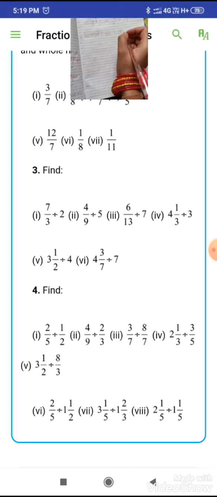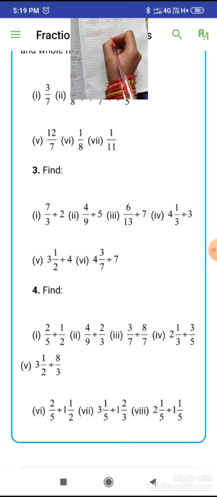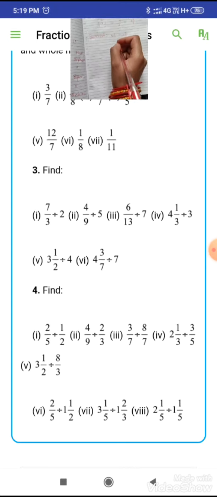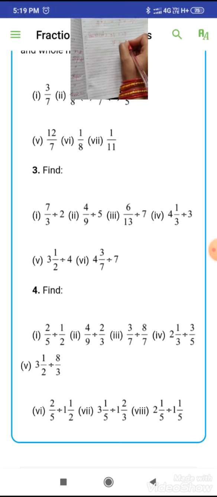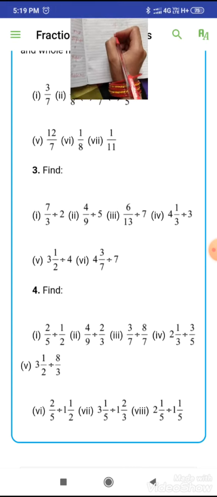First we convert this mixed fraction into improper fraction. For this, first we multiply these two digits and we add numerator part in the product. So we have 15 plus 1, 16 upon 5 here, and 5 upon 3 in the place of second fraction.